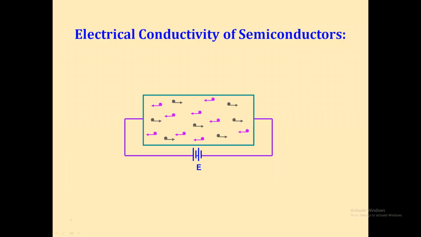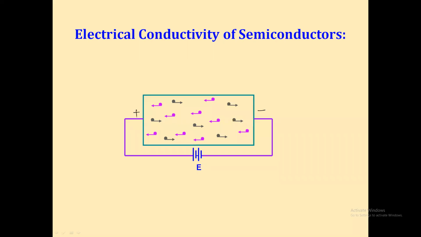The battery has two terminals, one positive and one negative. The end of the semiconductor connected to the positive terminal acts as a positive potential end, and the other acts as a negative potential end.